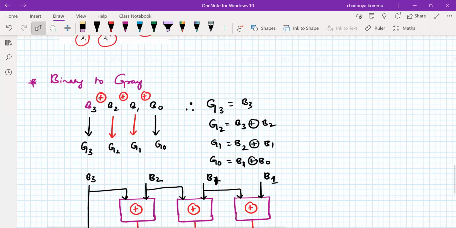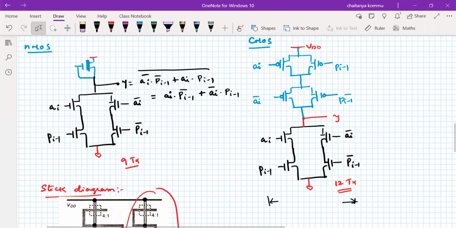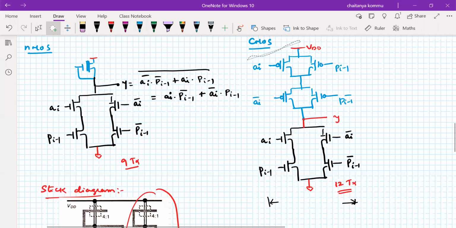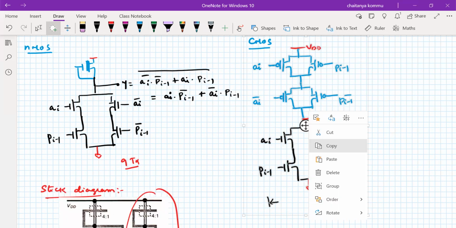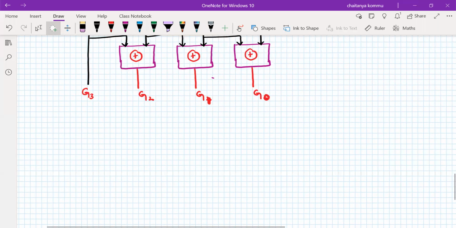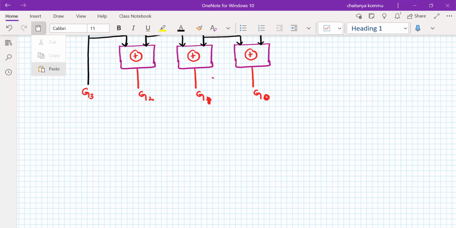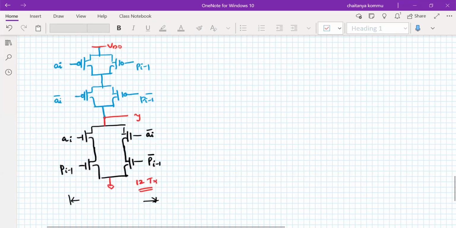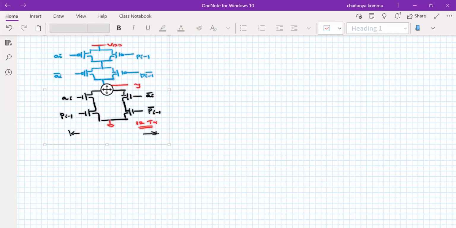Okay, if you want to have a clear-cut idea, I have to consider three times, so better I take a very simple diagram.